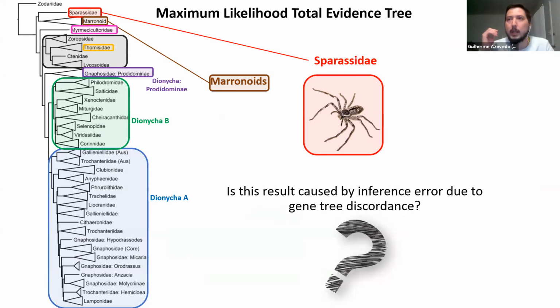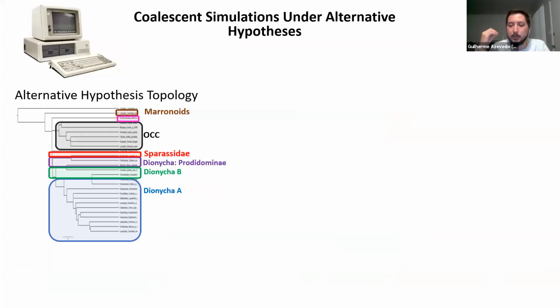And so we asked ourselves, is this result caused by inference error? We know that sometimes we have a lot of gene tree discordance, and the gene tree discordance could be because of incomplete lineage sorting, or just because you don't have enough variation in your genetic markers, in your UCEs or whatever, to infer a correct gene tree. So to test that, we used a simulation.